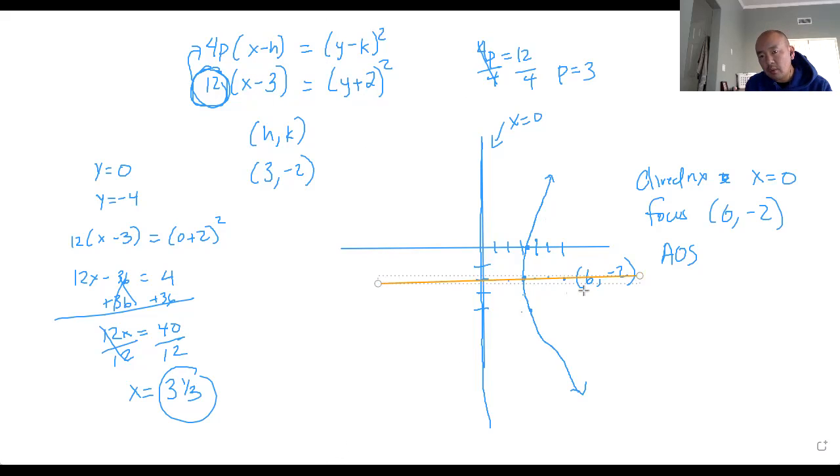And so what is the equation of this line? In this case, you have to look at the y value of the vertex, and the y value happens to be -2. So y equals -2 is the axis of symmetry.